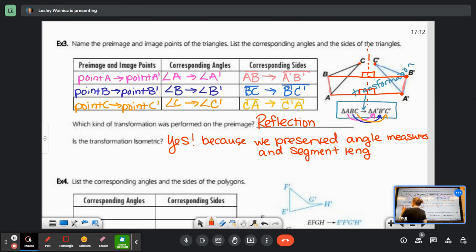That means those figures are congruent. If we get congruent image and pre-image, that's an isometry.